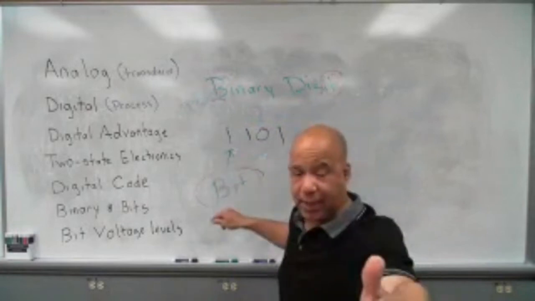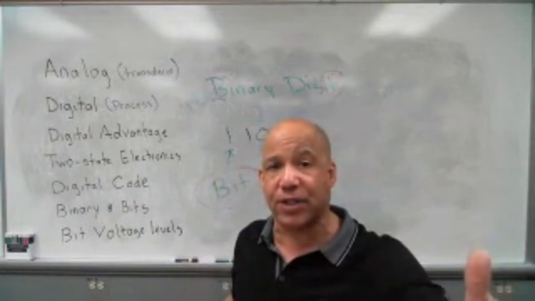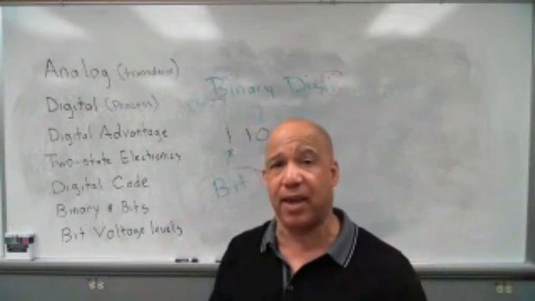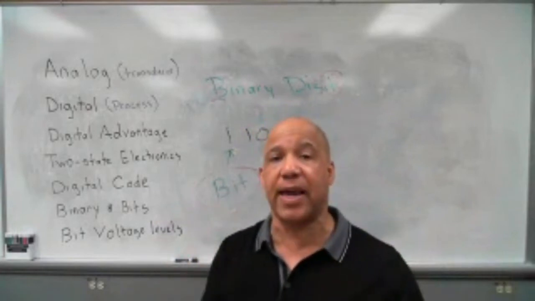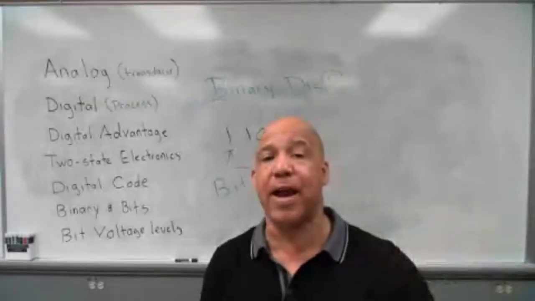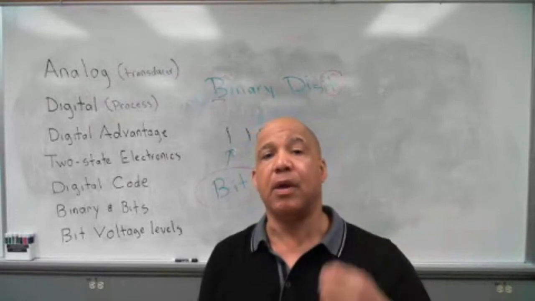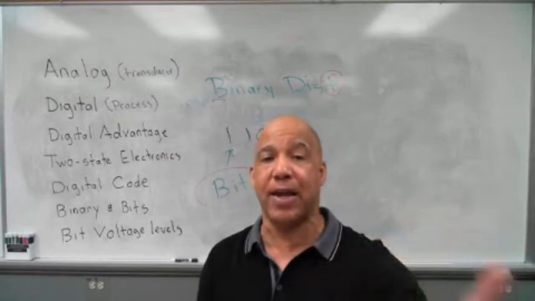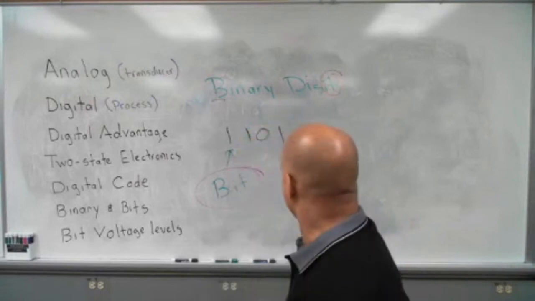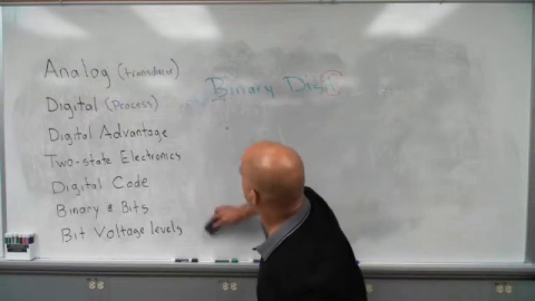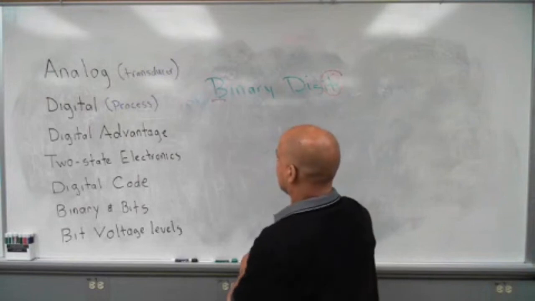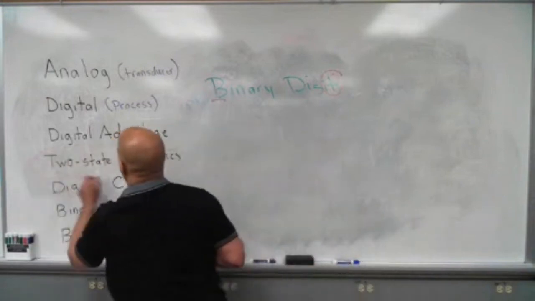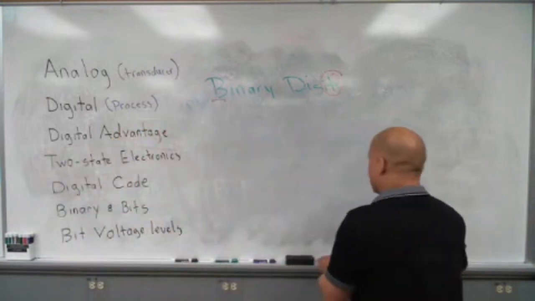Well, they really don't. All a computer, and again, a computer is anything that contains a microprocessor, the only thing a computer can understand is the absence or presence of a voltage. And so what we do is we use something called two-state electronics to represent these bits.